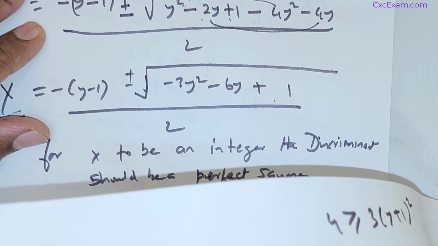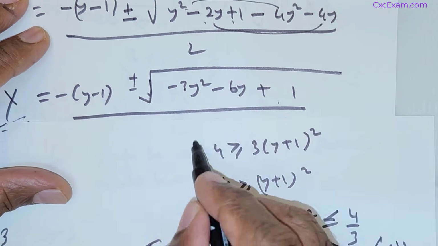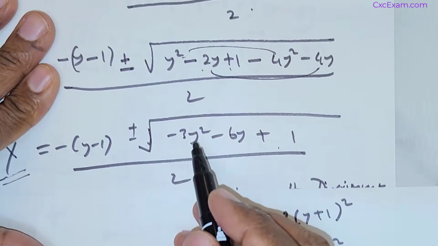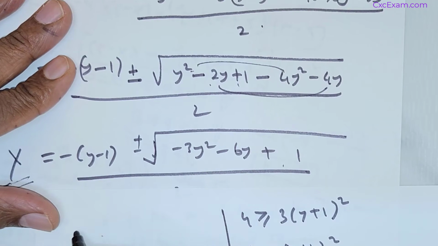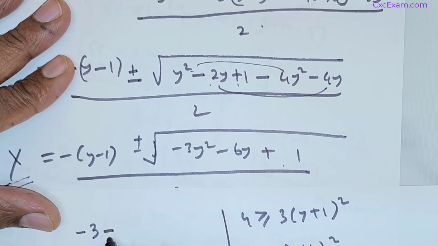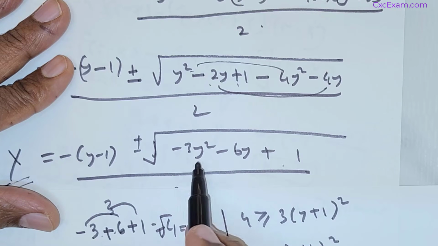So let me go and find the values for y is equal to negative 1. I substitute negative 1, what do I get? Negative 1 I substitute, I get 3, right? I get a 6 here, I get a 1 here. So negative 3 added with 6 would give me 3, 3 added with 1 will give me 4, so root of 4 will give me 2. So I get a 2 here, okay.